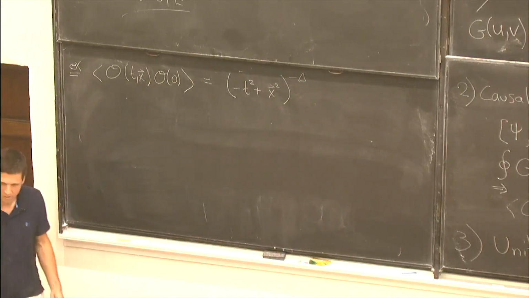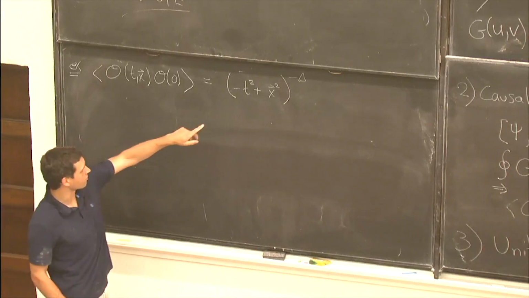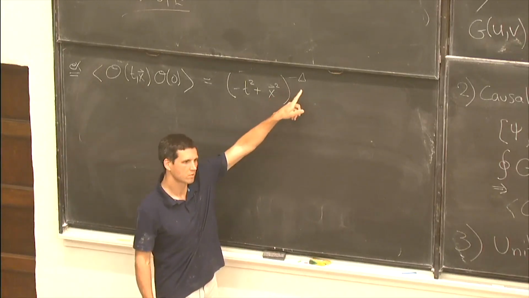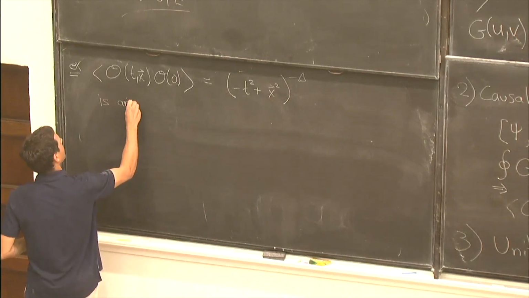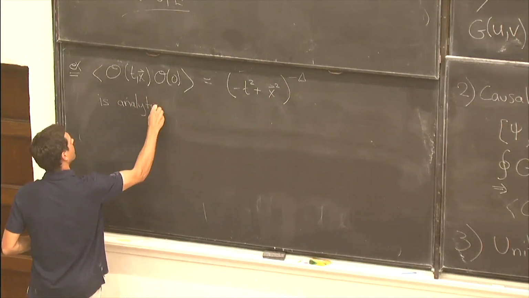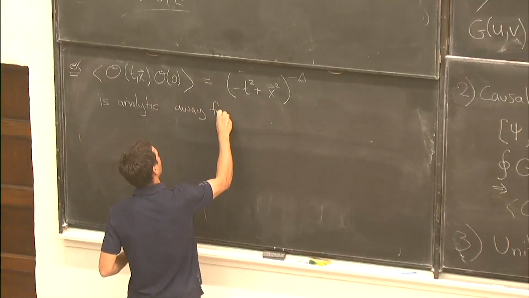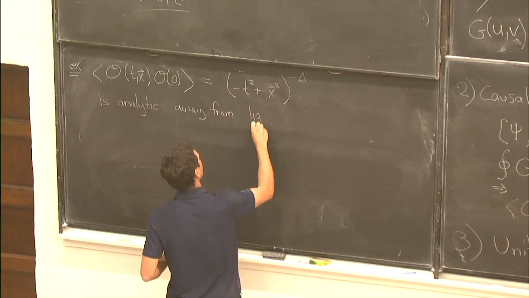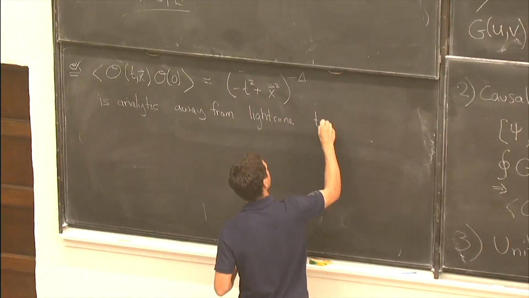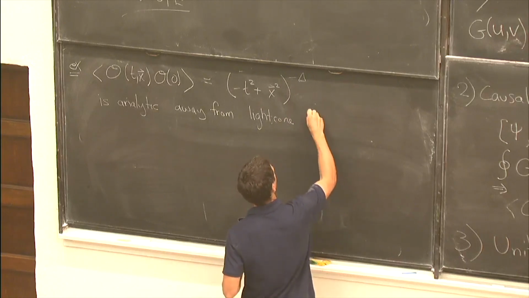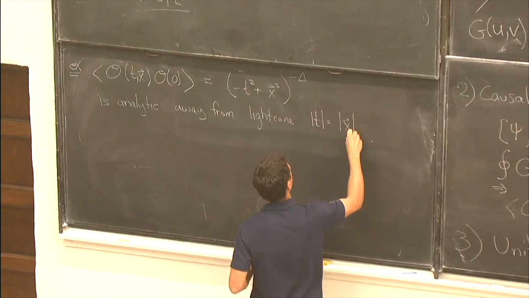And it's obvious where this function is analytic. It's analytic away from the branch point of the logarithm. So this is analytic away from the light cone at t equals x.